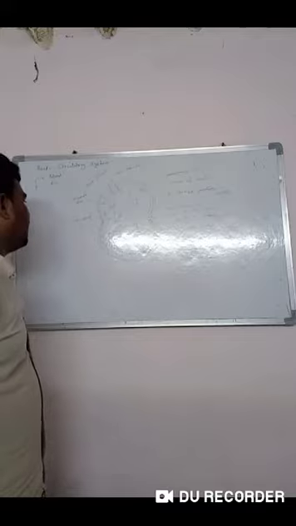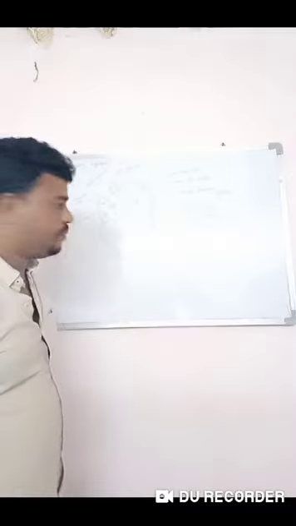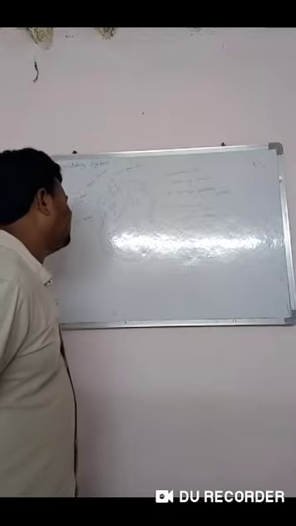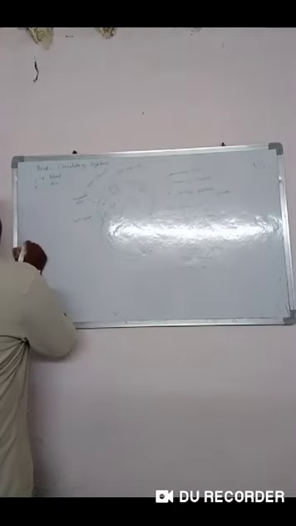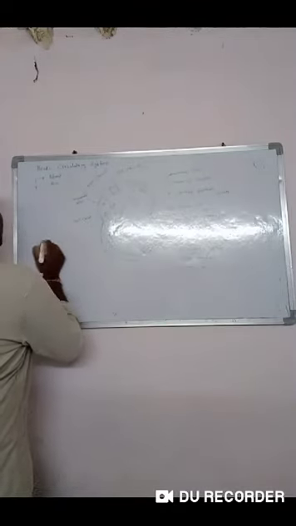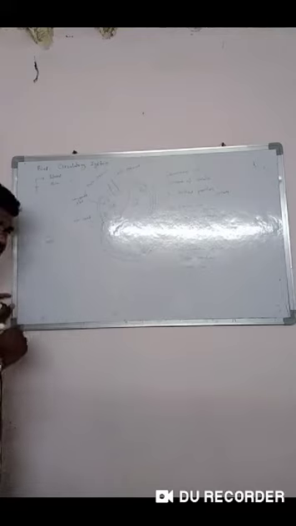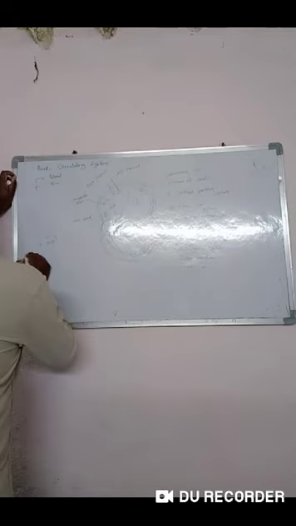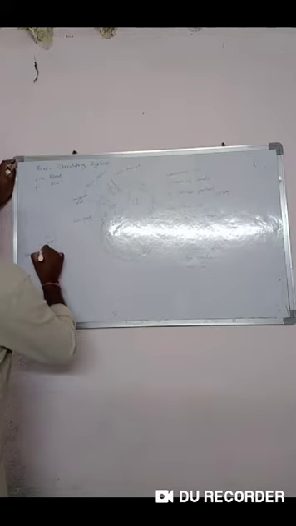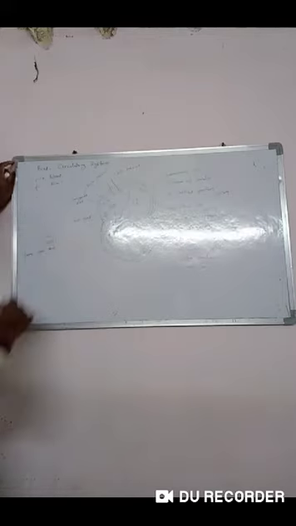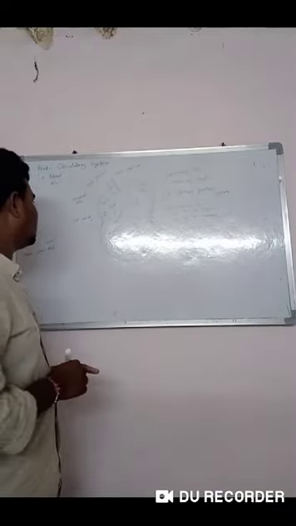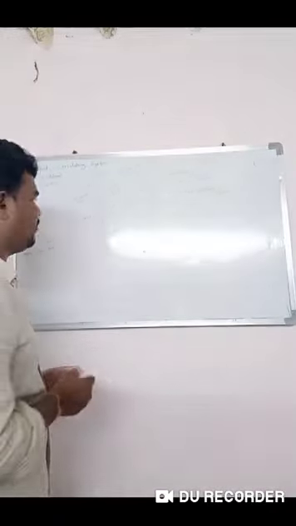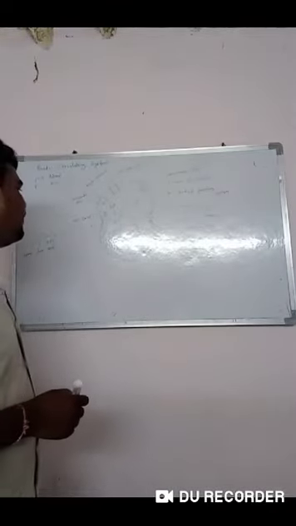In the same way, there are three cavals: two precavals and one postcaval. These collect deoxygenated blood from the various body parts and open directly into the right auricle. They also have guards, that is valves, which prevent the backflow of blood.